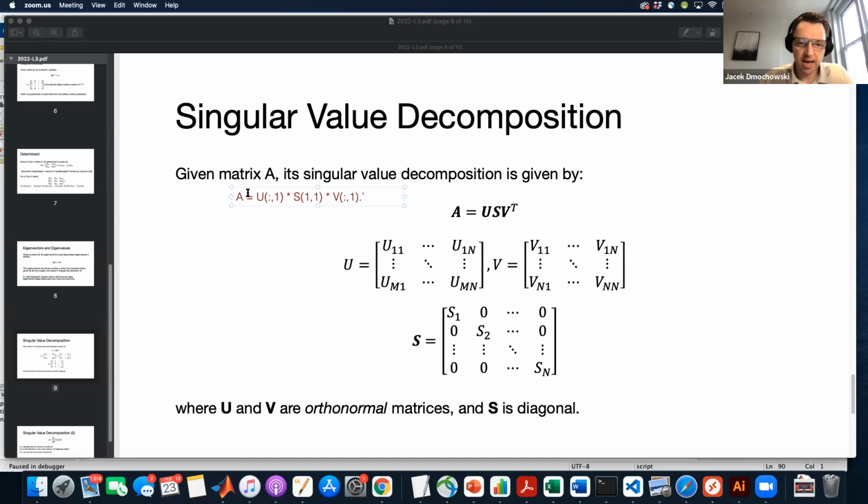This matrix A would already have a lot of the structure that is present in my original matrix A. This will be called a rank 1 approximation of my data.